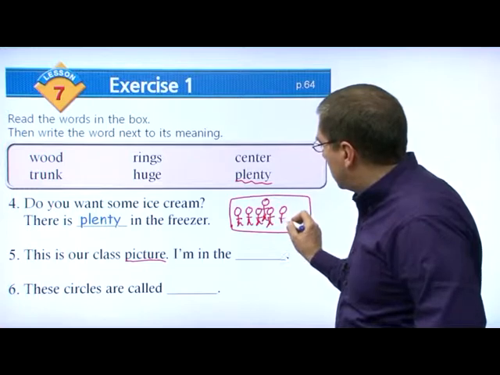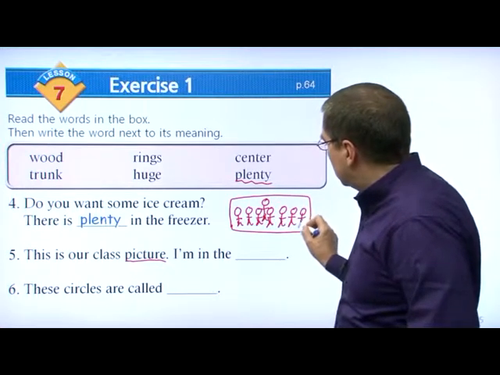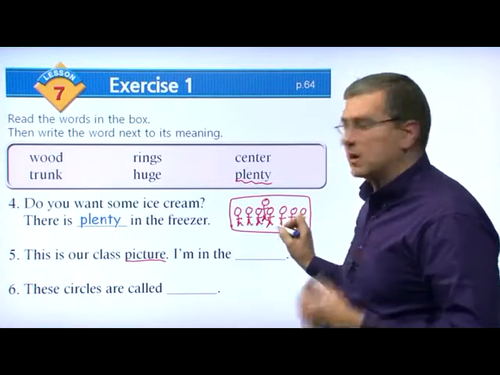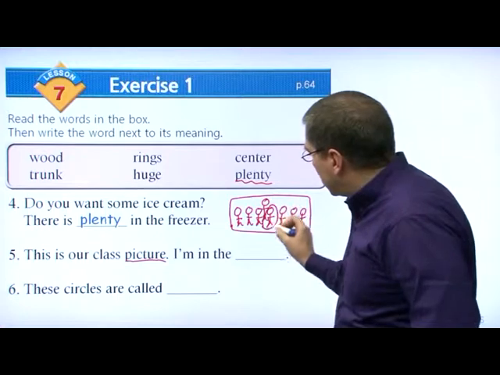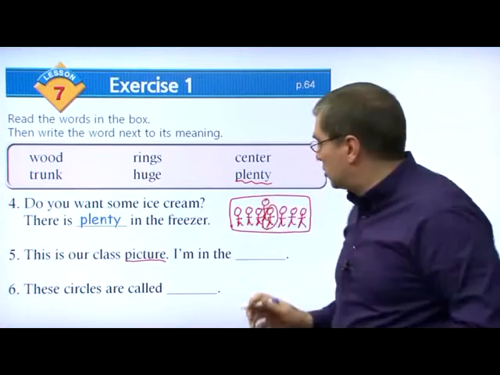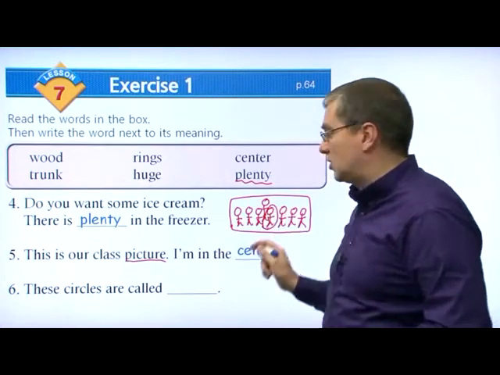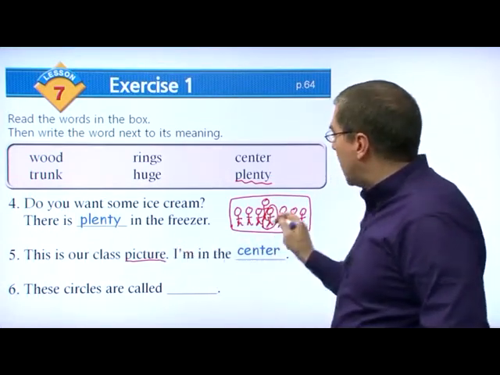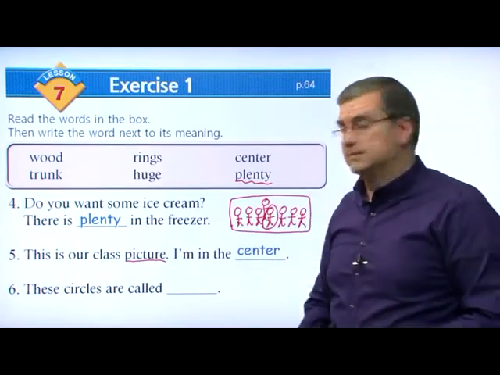You've got all your classmates here. But I'm in the what? You're talking about this person right here, right in the middle of the picture. I'm in the center of the picture.